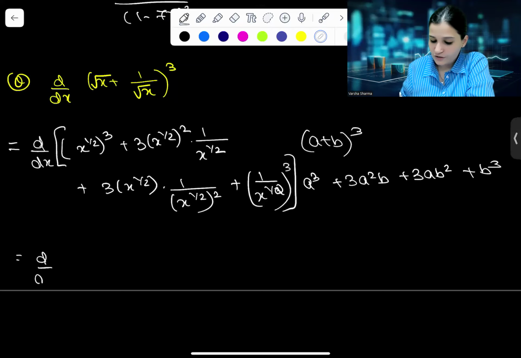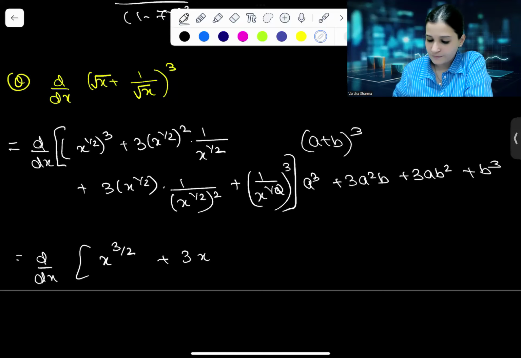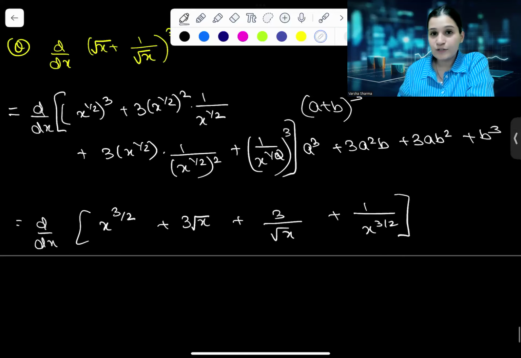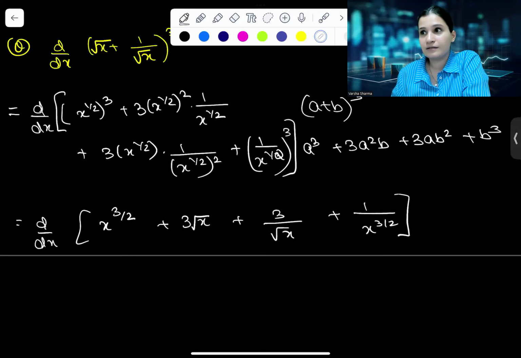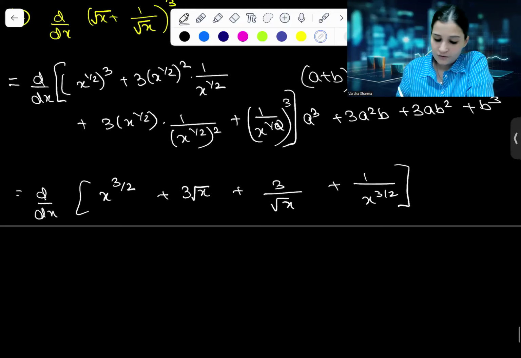So differentiation of x power 3 by 2 plus 3x power half, that is 3 root x, plus 3 by root x plus 1 by x power 3 by 2. Is it okay till here? Formula: x power n, so n x power n minus 1.